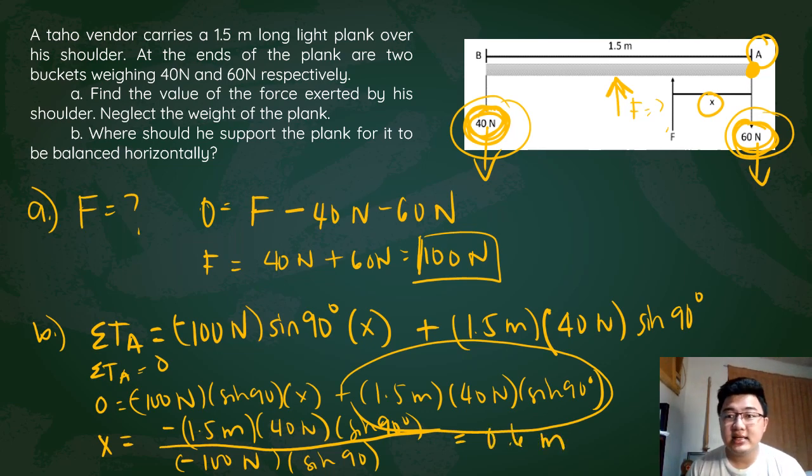Therefore, the distance between point A and the position where the taho vendor should place his shoulder is 0.6 meters, so that the taho vendor could balance the two buckets, and the rod will be in equilibrium and meet the second condition for equilibrium.